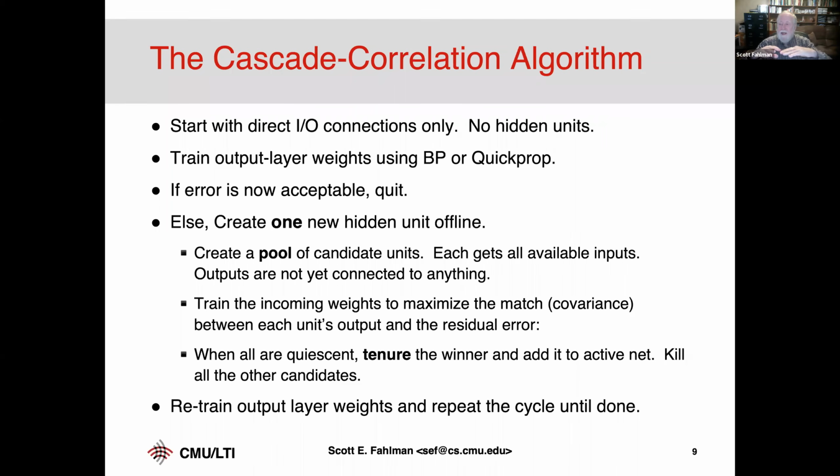So if you see the held-out set's error go up, then you know you've kind of reached the point of no return with this training data set. And it's not going to get any better in terms of matching the larger universe of cases that you're going to actually run this network on. So you can use cross-validation to tell you when to stop.